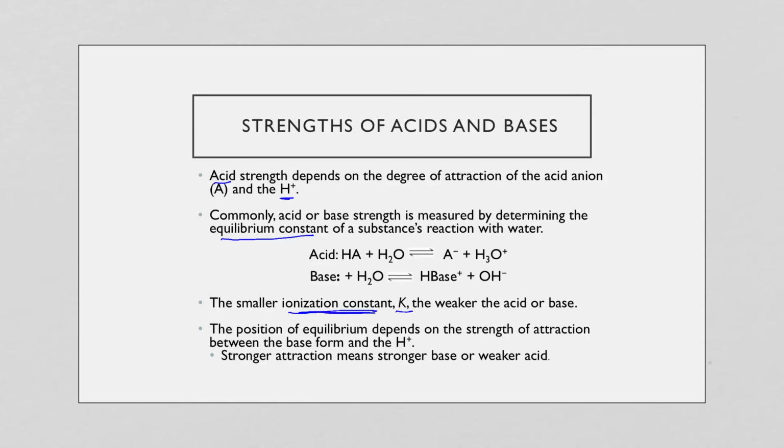And so, the smaller this ionization constant, the more reactant favored it is. So a small K means it's reactant favored, and that's going to tell us that we have a weaker acid, one that has been converted less into the ion form. The bigger the K, meaning a large ionization constant, is going to be indicative of a stronger acid.